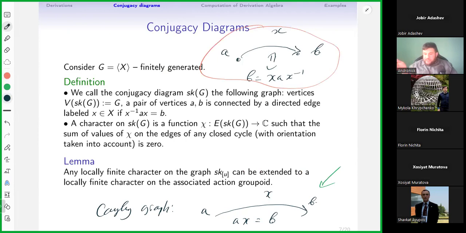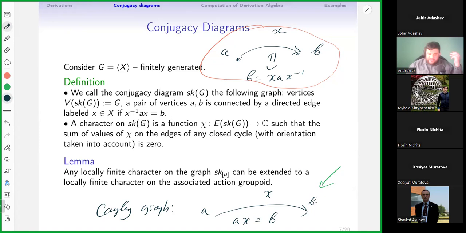This is the definition of conjugacy diagrams, and the main lemma about them is the following: if you have a character on a conjugacy diagram, then it can be extended to a character on a groupoid.